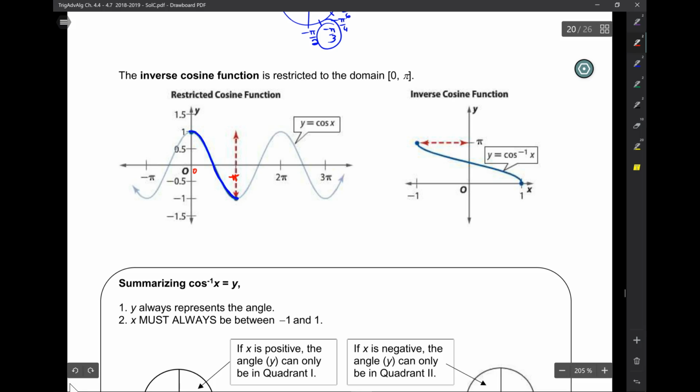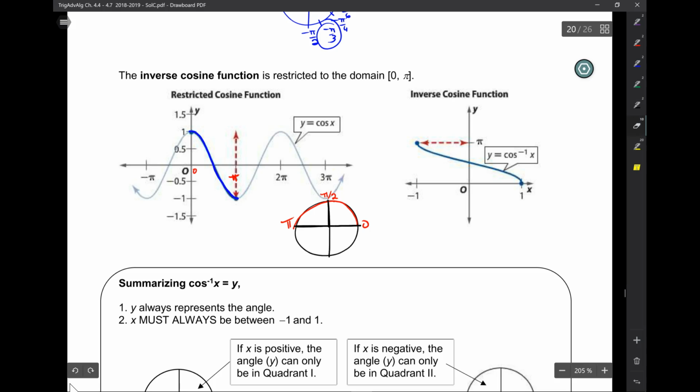So now I go from 0 to pi. That means on my unit circle, I'm going to go from 0 to pi, in this region. What's the middle? Pi over 2. Okay? So that's the region that I have.